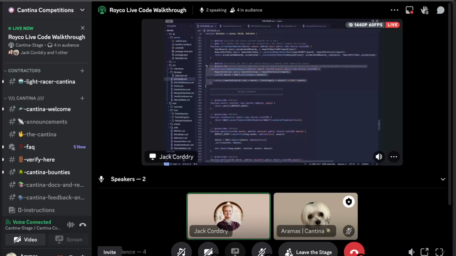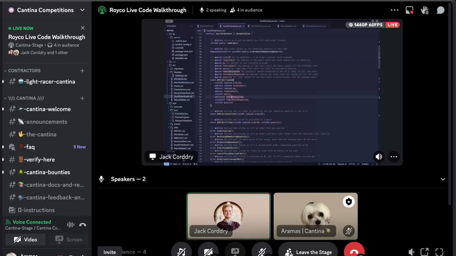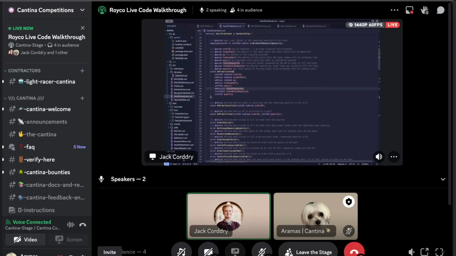The reason we have this function is that on the order book, you specify, okay, I want these tokens at these rates.